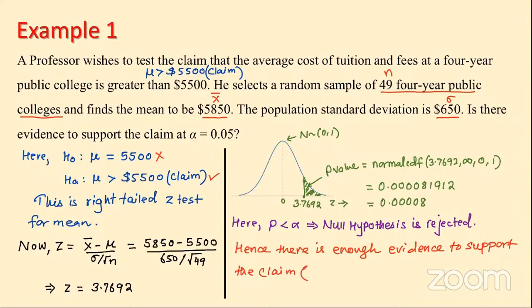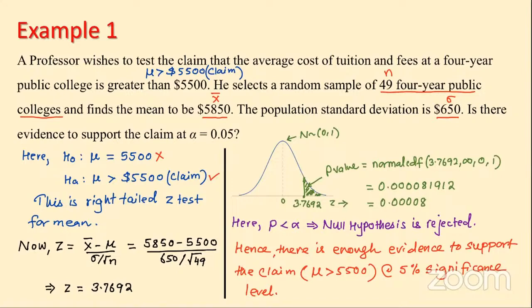I'll write that claim in the parenthesis: mean is greater than 5,500. And we are doing this at 5% significance level. Hence, there is enough evidence to support the claim that the average cost of tuition and fee at four-year public university is greater than 5,500 at 5% significance level.